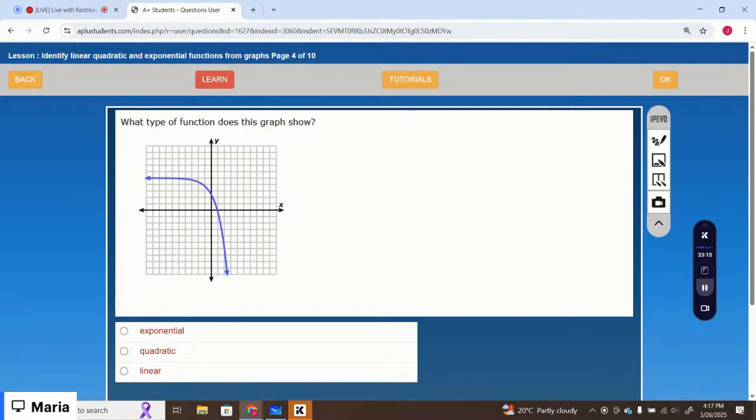What type of function does the graph show? That is the graph of the exponential function. Option number 1 is the correct option.